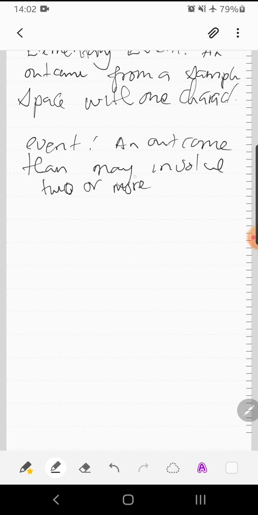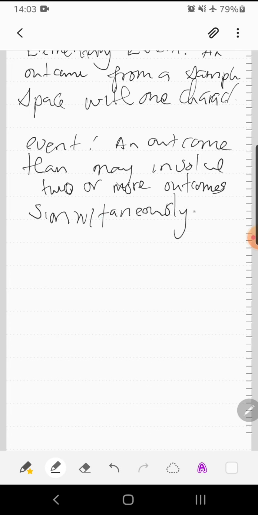Actually, it's two or more outcomes simultaneously. An example is drawing an ace that is also red. In this case, we have two outcomes occurring simultaneously.